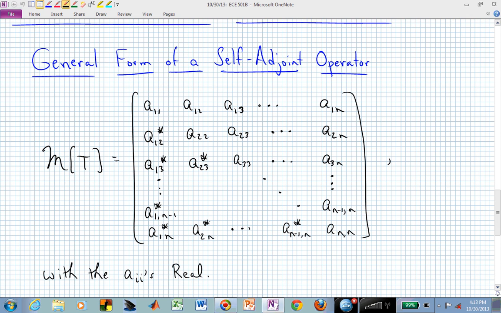The top half, above the diagonal, I simply labeled as A12, A13, etc. Then I took the transpose of those, conjugated them, and put them in the appropriate location below the diagonal. And that's the general structure of a self-adjoint operator.